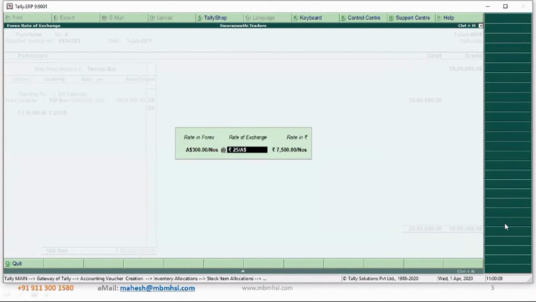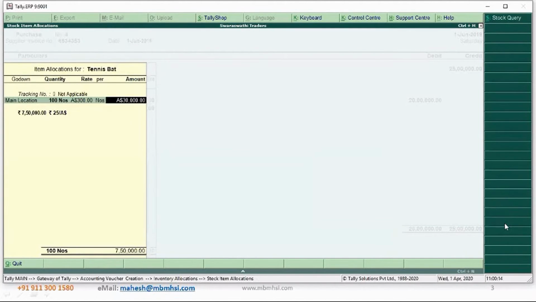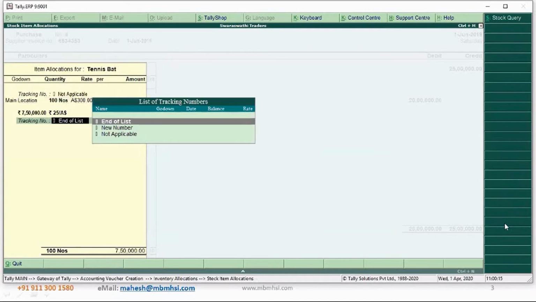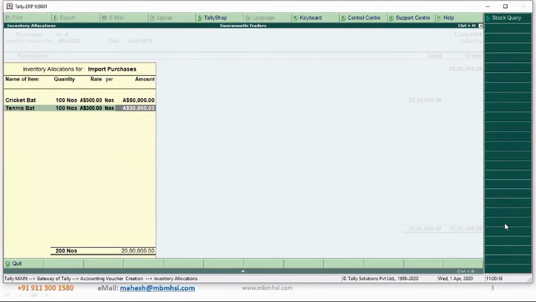So now it has automatically picked 25, which is 7,500, which is 30,000 Australian dollars. Still, I need to adjust $20,000.